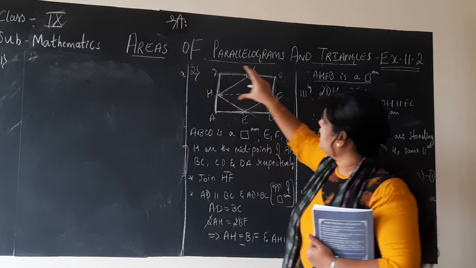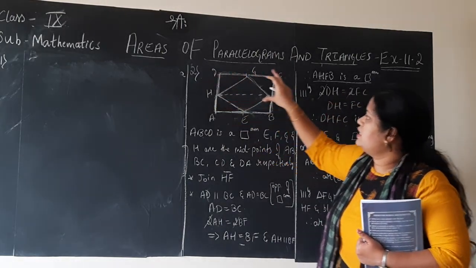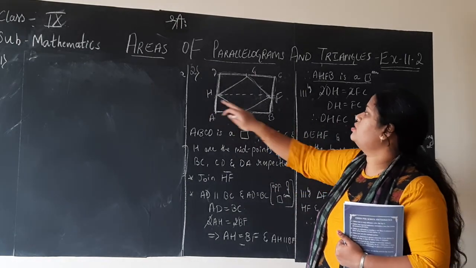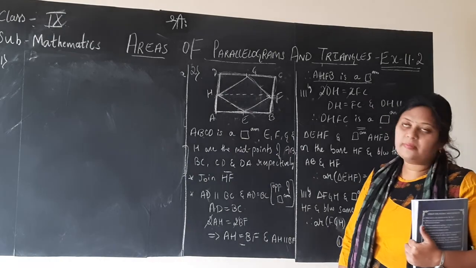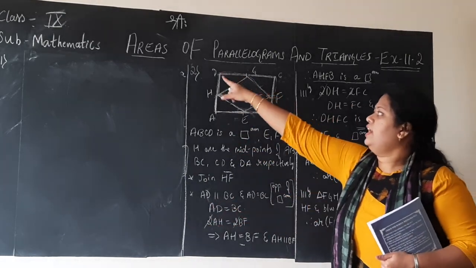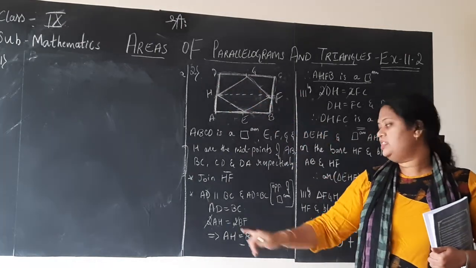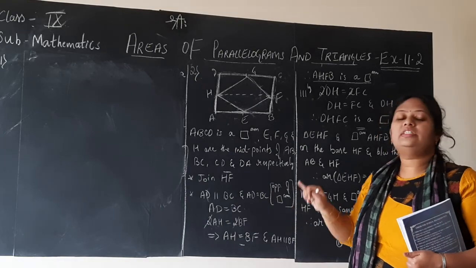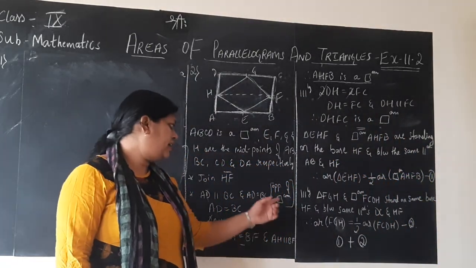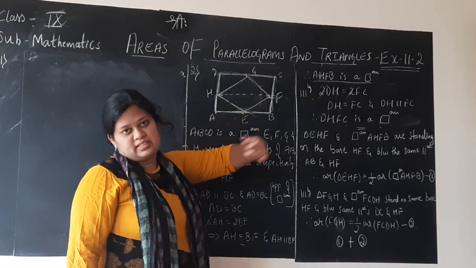Similarly, side AD is parallel to side BC, and side AD is equal to side BC. So we shall consider these two sides for our convenience. Side AD is parallel to BC, as well as AD is equal to BC. Why? Because they are opposite sides of the parallelogram, and I have given the reason in the bracket. You should write it.